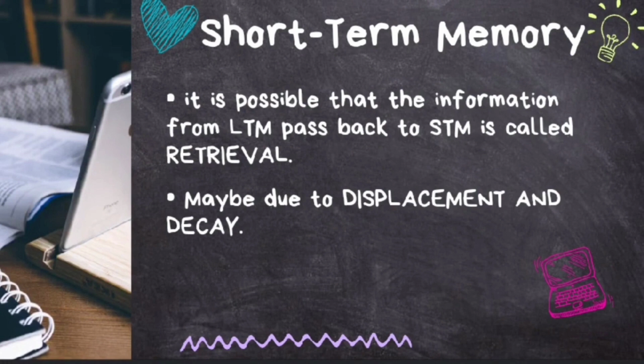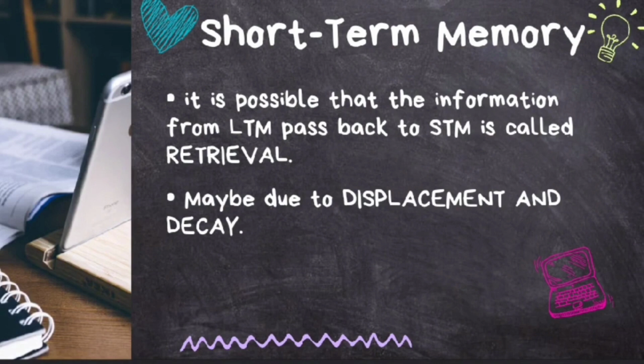If the information in short-term memory does not pass to long-term memory, it will be lost, maybe due to displacement. When we say displacement, new information is added and old information is forgotten due to small capacity. Next is decay. It will be lost because the information is not rehearsed.